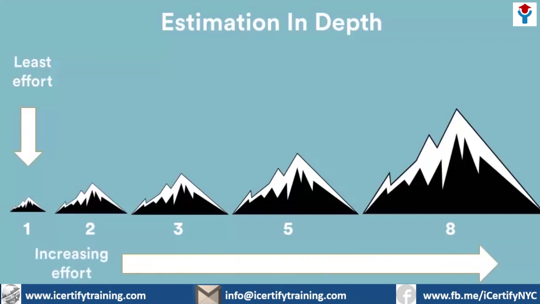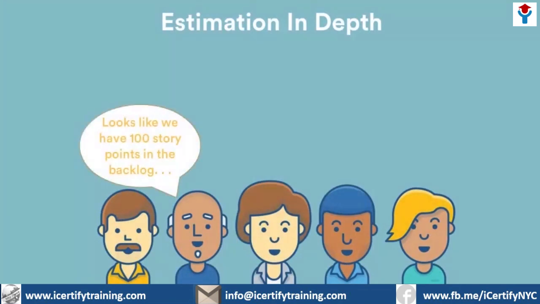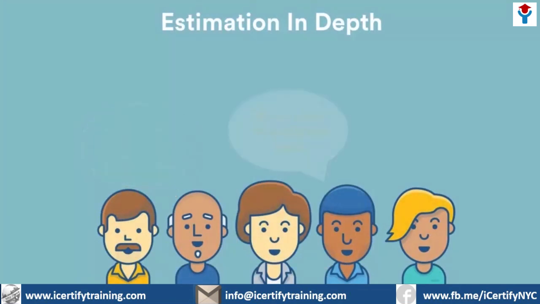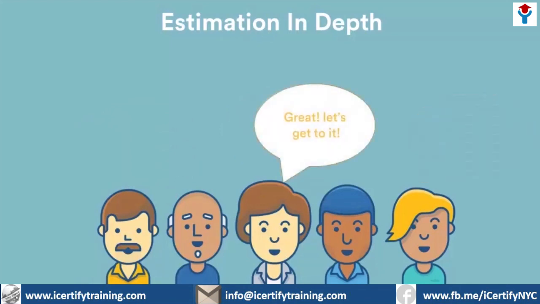Using this scale gives a rough estimate of how much effort a particular issue requires compared to the other issues in the backlog. Using this method, teams come to an agreement of how many story points and therefore how many issues they can complete in one sprint. They then plan their development cycles using this knowledge.